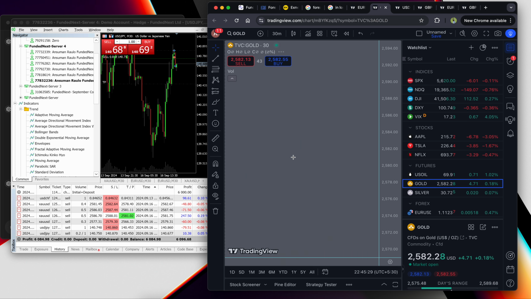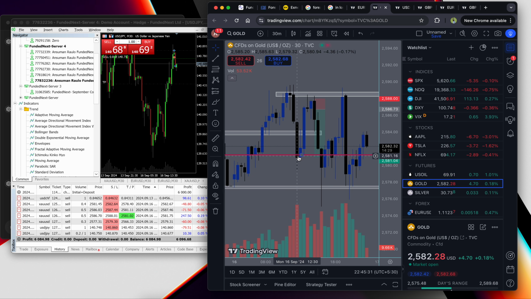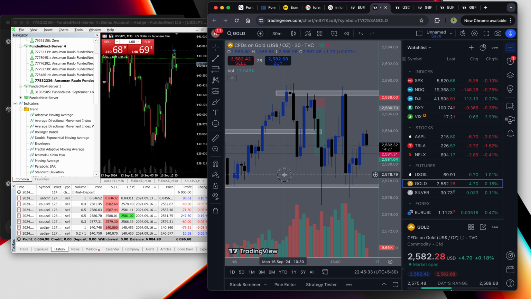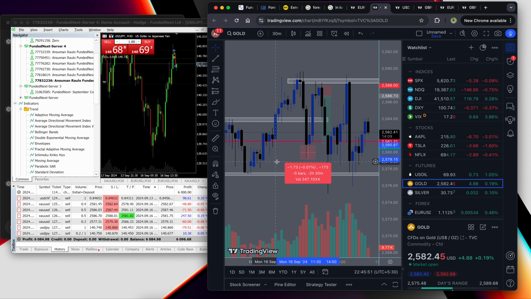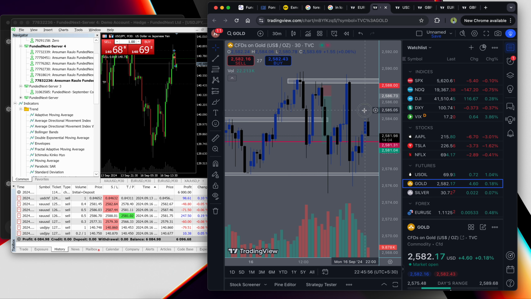So I was anticipating the price to break above this, but I knew I wouldn't take this trade, because if this candle breaks this support and I took a trade here, it would be around 173 points, which is not a good deal.